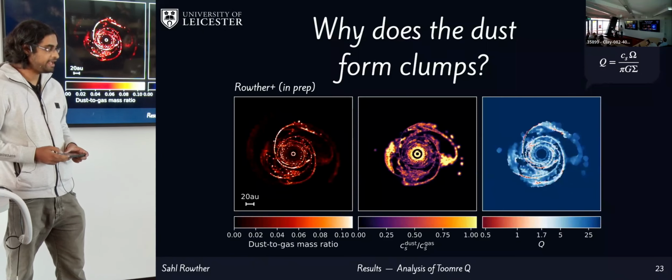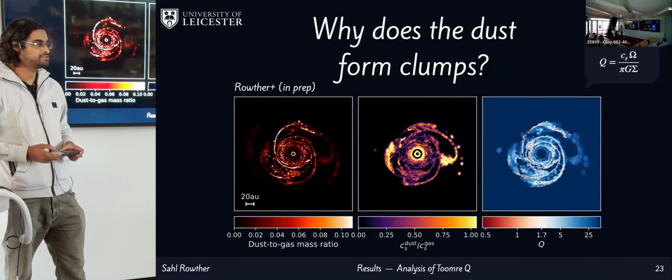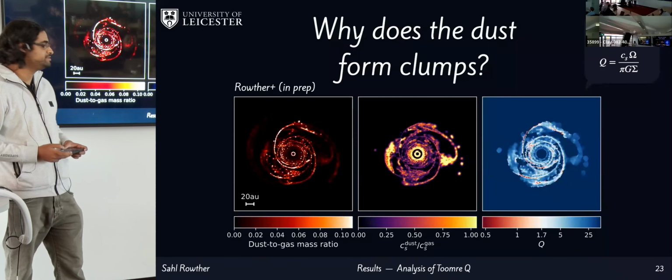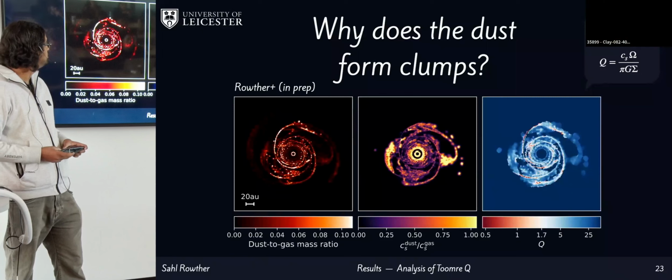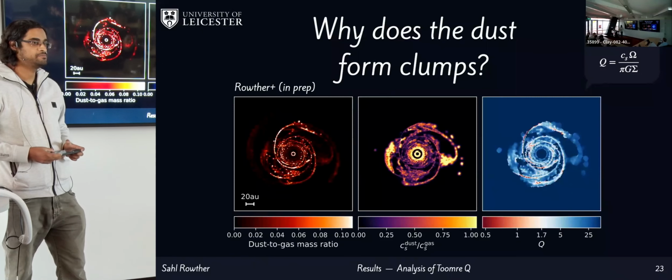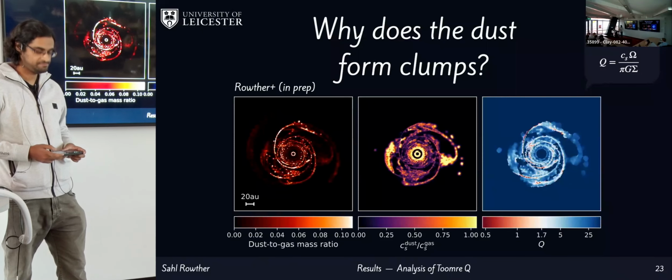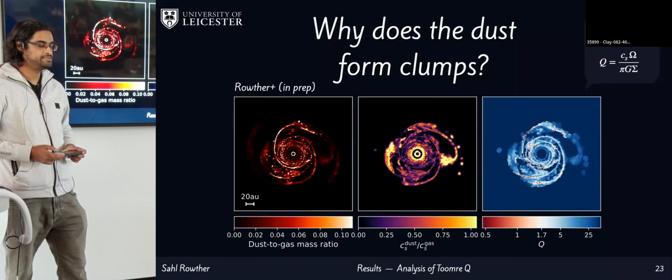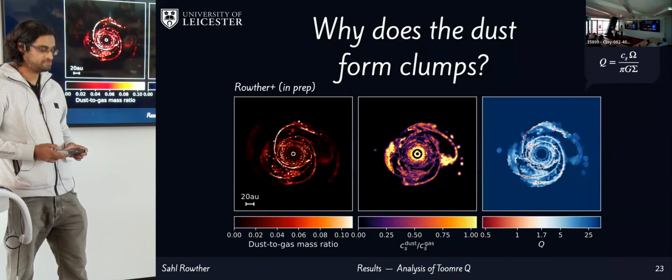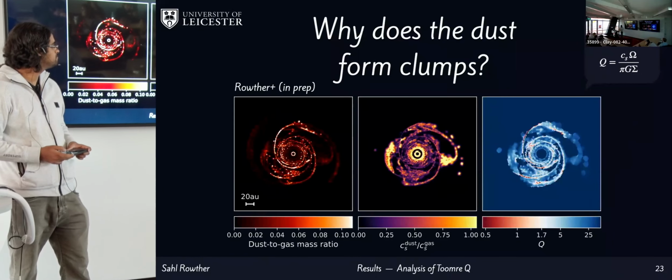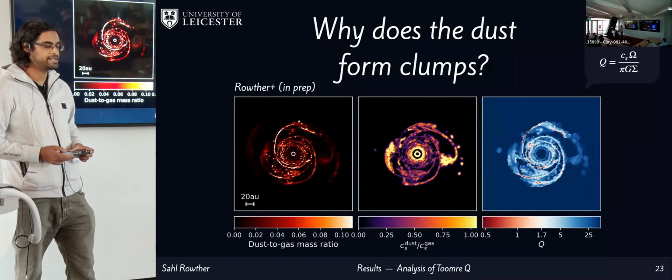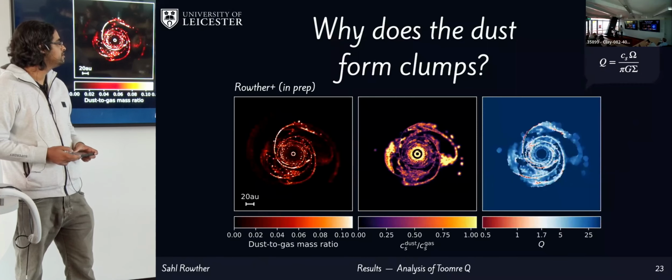So a consequence of the dust drifting towards the gas spirals is that in the spirals the dust density is enhanced by around a factor of 10. The velocity dispersion is also about a third of the gas sound speed.